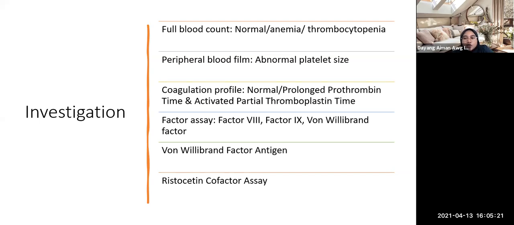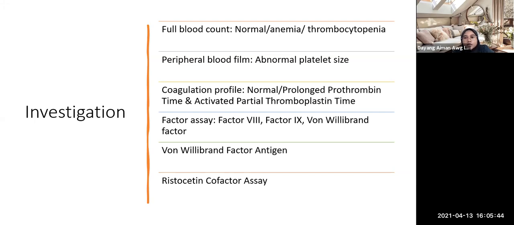Anemia or thrombocytopenia may suggest any history of hematological disorder. Next, peripheral blood film may have abnormal platelet size or a normal platelet size. If there is a giant platelet size, it may suggest the patient having ITP.